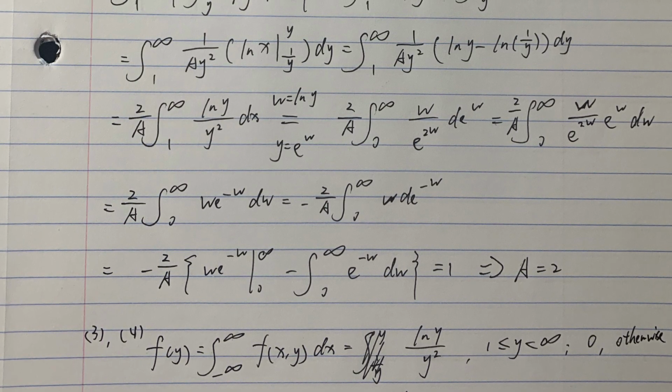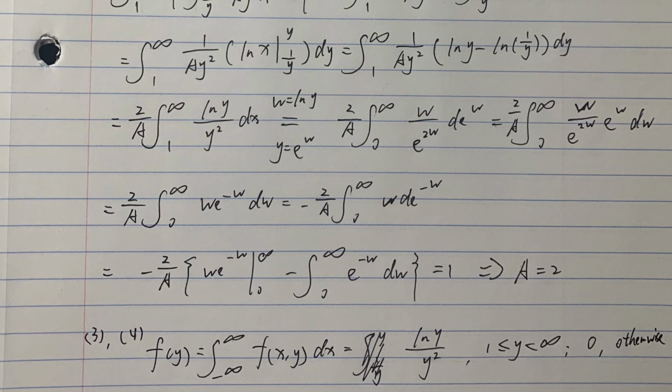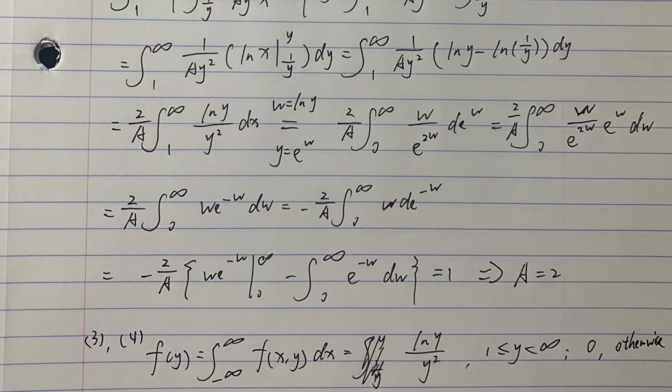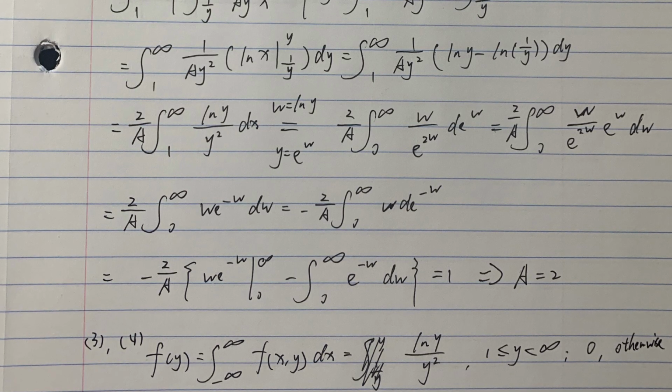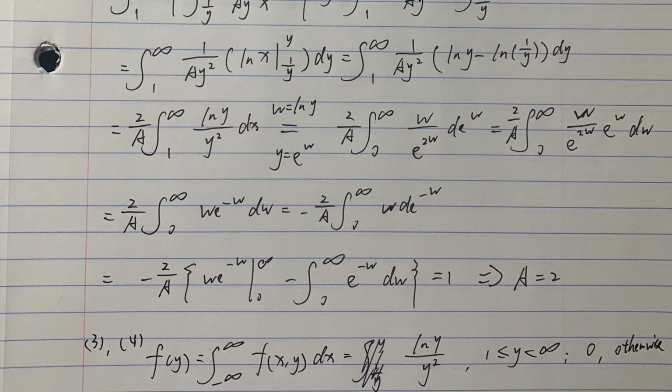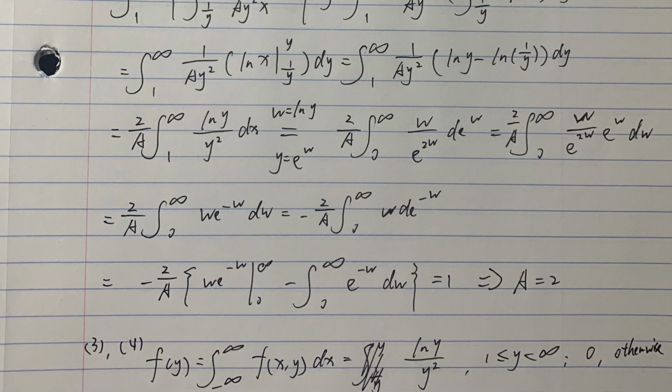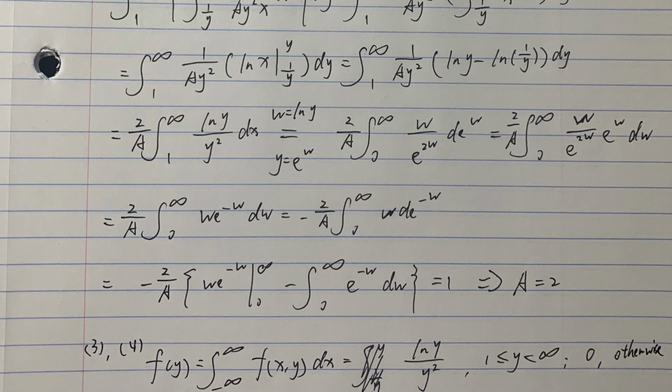And for problem 2, we know that f(x,y) equal to 1 over capital A multiplied by y squared multiplied by x, with y bigger than or equal to 1, and 1 over y smaller than x smaller than y.